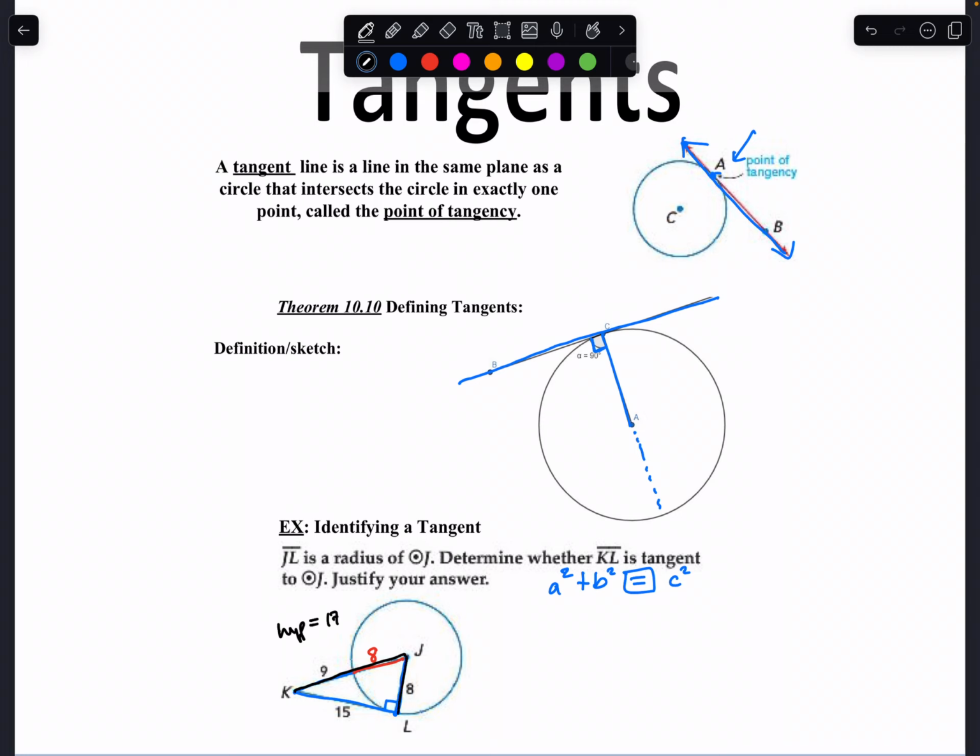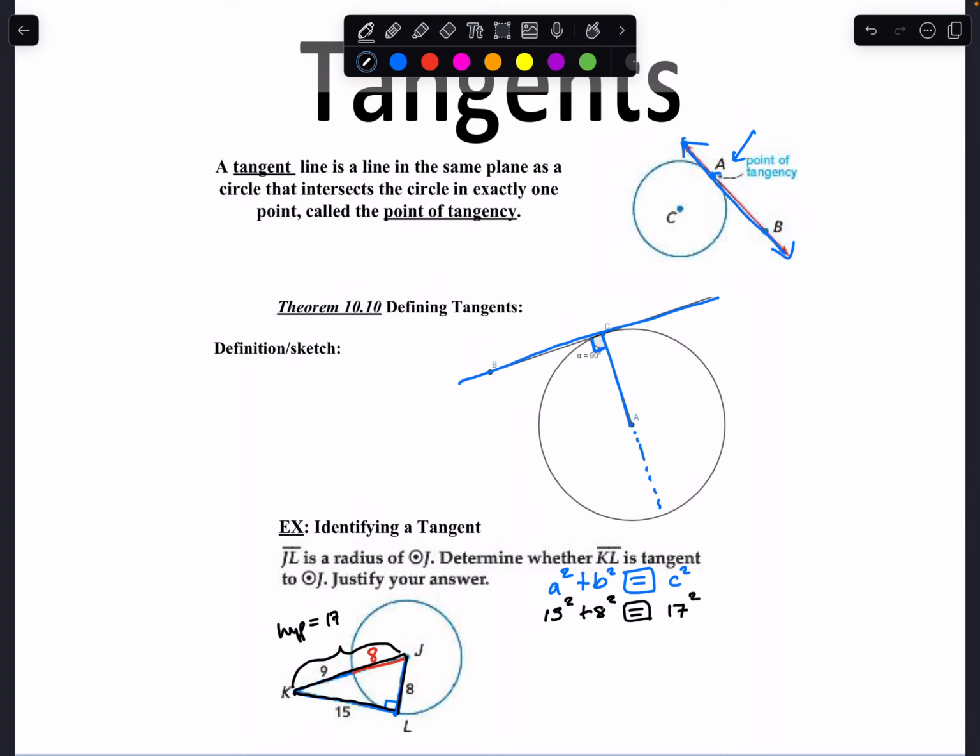And then we have side lengths 8 and 15. So when you plug it into the formula of the Pythagorean theorem, we have 15 squared plus 8 squared. And we want to know, does this equal 17 squared? I got 17 from this full length. I took the radius, which is in red, and the outside part of the triangle.